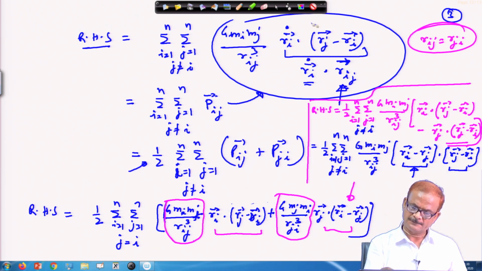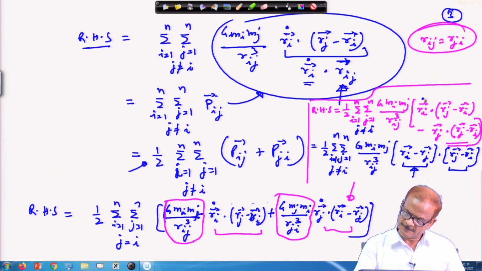Now, this quantity we have written as p I j. So, this part is okay, but here we need to put r I dot. In this place this will be r j dot. So, here this will be r I dot and this will be r j dot. So, you can see that we will have the dot placed over this.